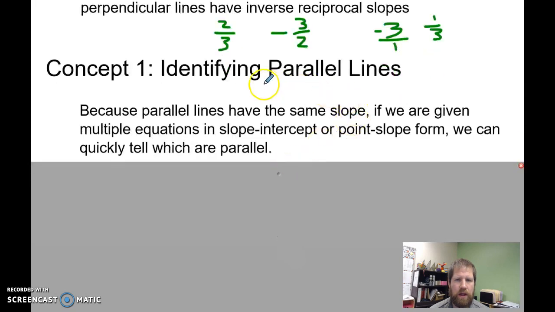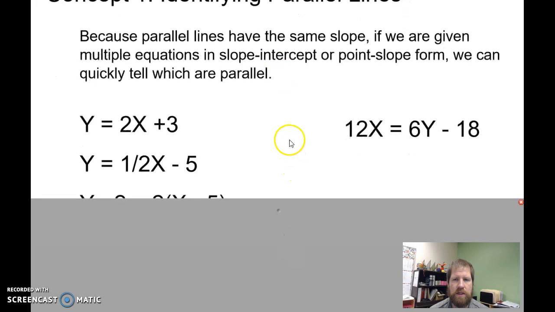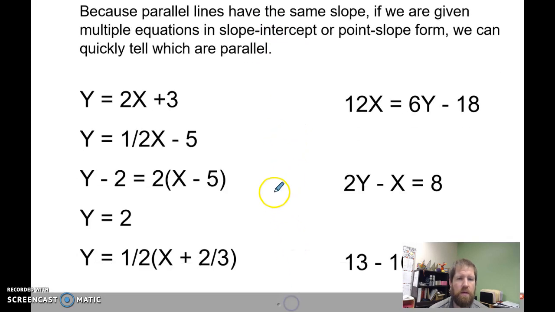All right, we're going to use this to figure out parallel lines and identify them. The fact that they have the same slope is going to make this much faster to see than if we had to graph each one and say, oh yeah, they look like they're not going to touch, they look like they're staying the same distance apart from each other.